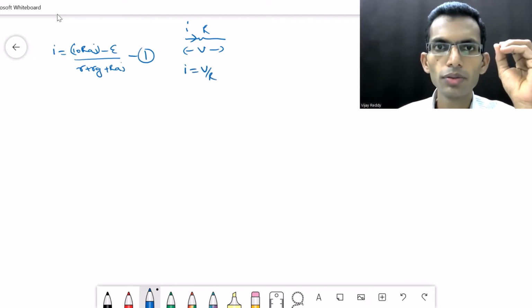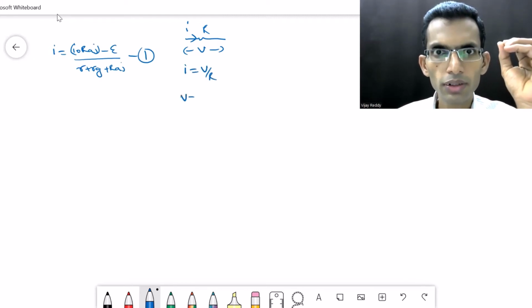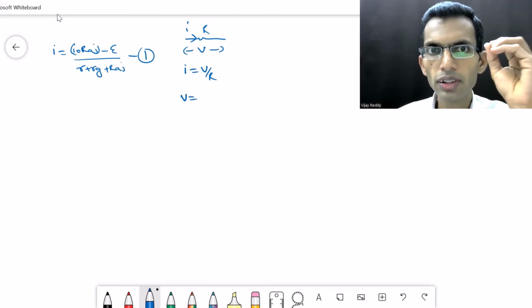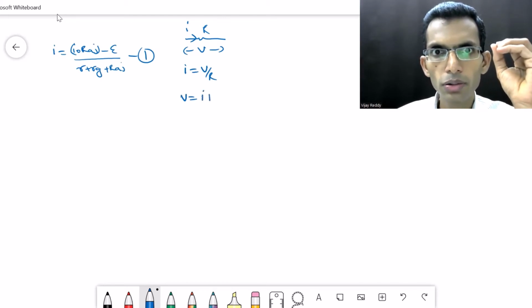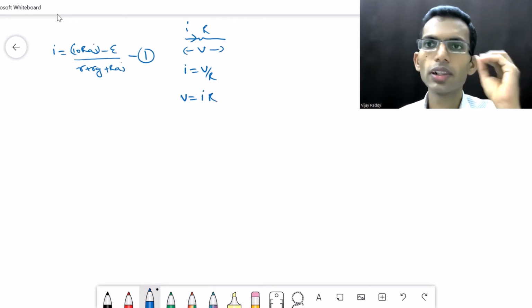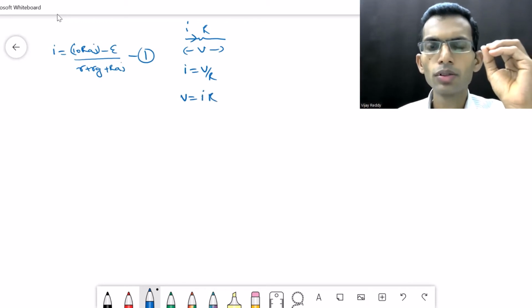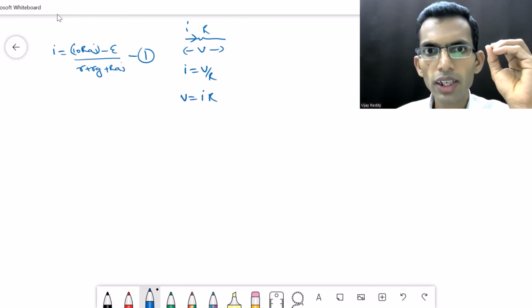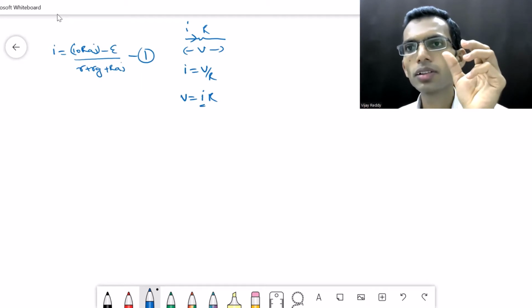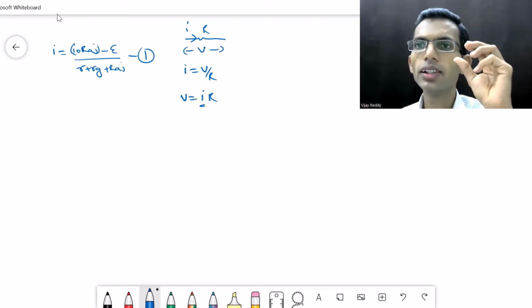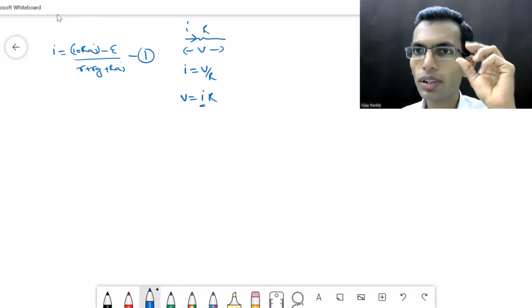That means the potential difference across the resistance is going to be I into R, the product of I and R. So when we see the IR product, what does that I indicate? I indicates the current flowing through that resistance.